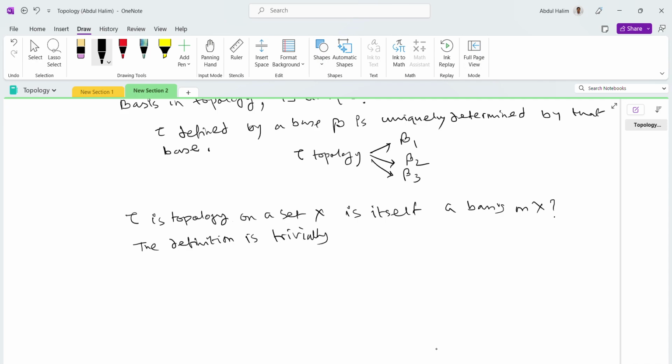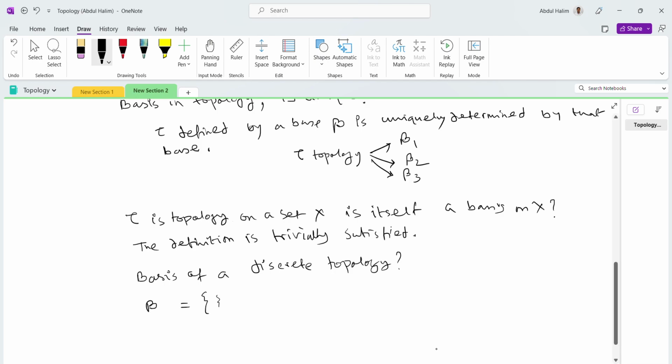Yes, but the definition is trivially satisfied. Okay, the next question, an easy one: the basis of a discrete topology.